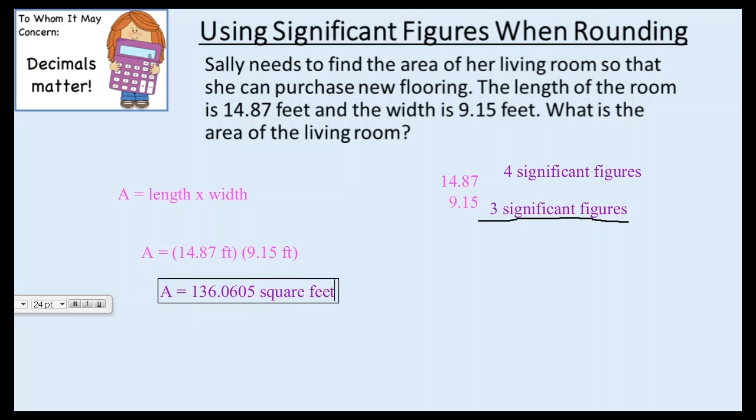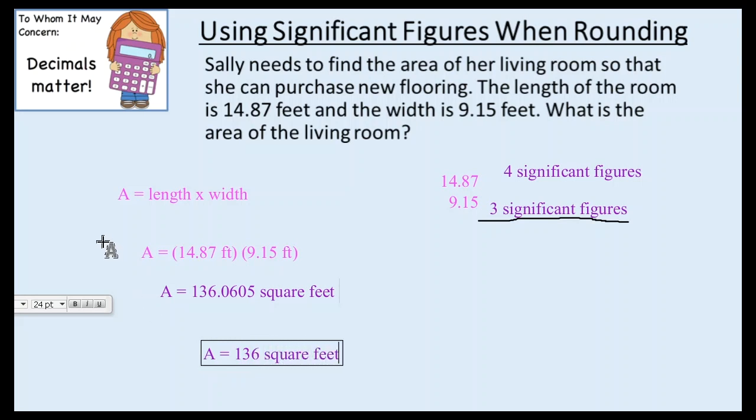But that's not going to be my final answer because I need to have 3 significant figures. So my answer for this one is going to be 136 square feet because I can only have 3 significant figures. So even though there's a decimal, I need 3. So I'm going to look at the 0 right here, which is going to tell me to keep it at 136. So my final answer for this one would be 136 square feet.